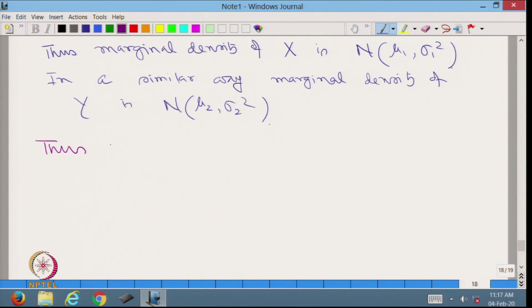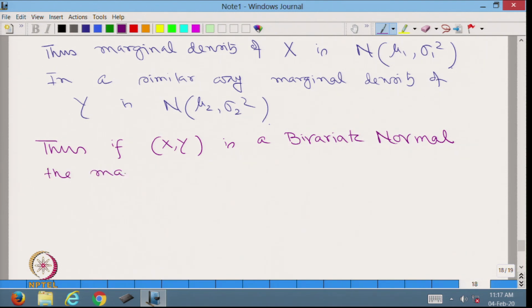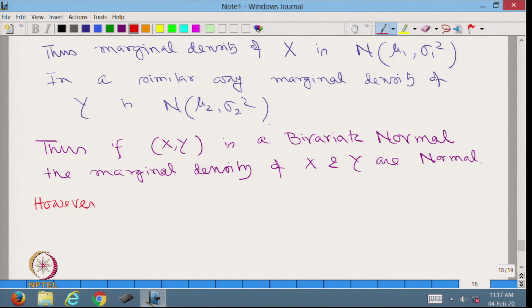Thus, if x y is a bivariate normal, then marginal densities of x and y are normal. However, the converse is not true.